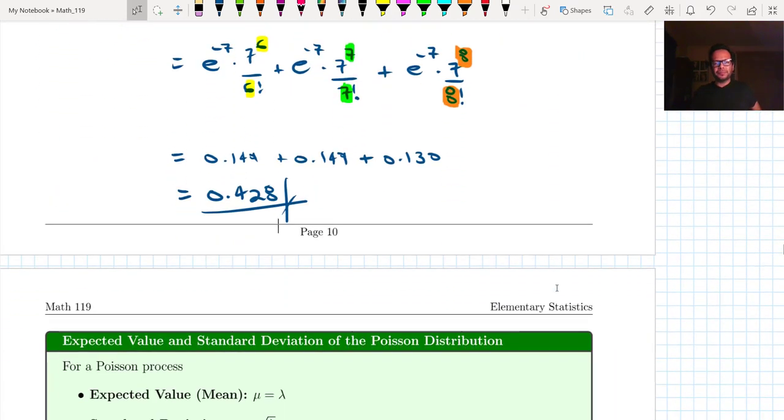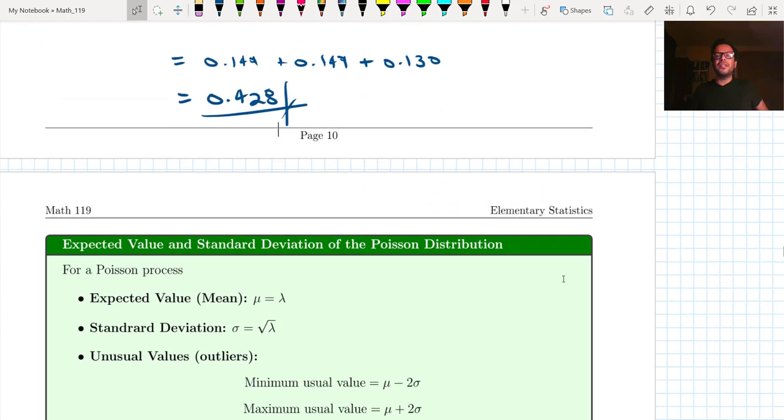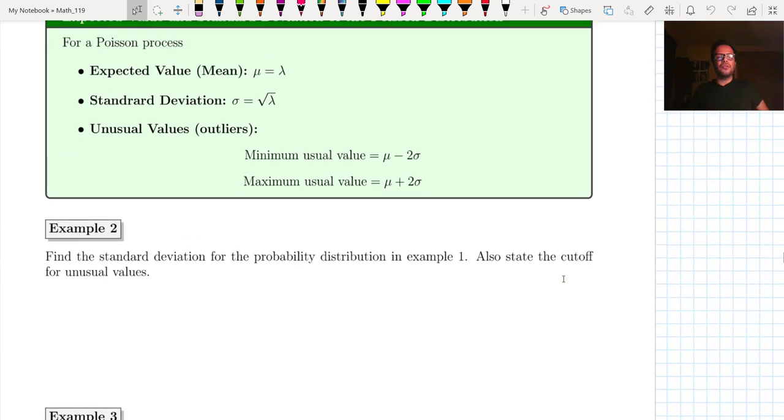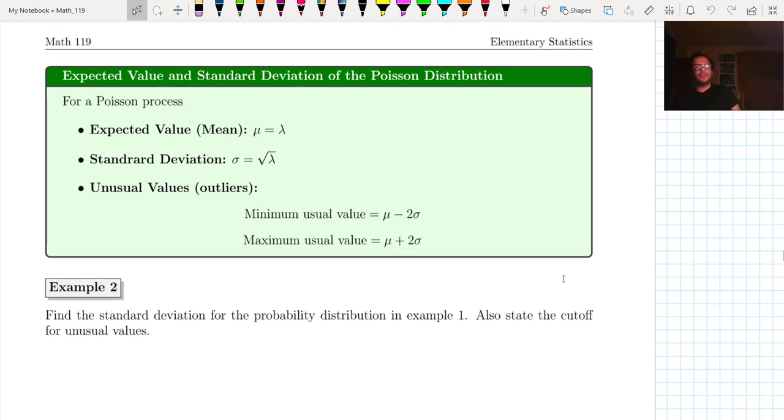So, is there a way to do it in the calculator? Yes, there is. I'm going to show you how to do that, but before going over the calculator, let's go over the expected value and the standard deviation of the Poisson distribution. The expected value, which is the mean, is lambda.